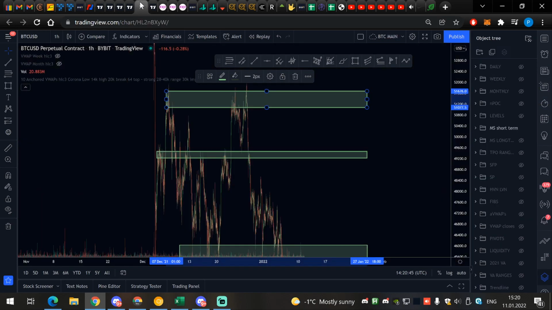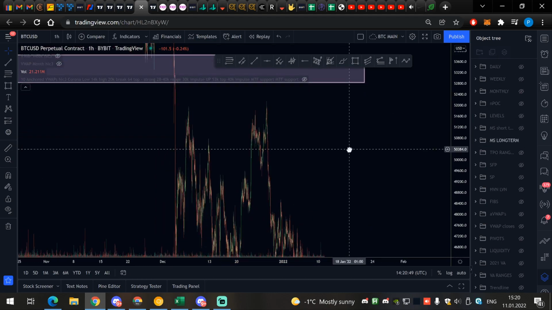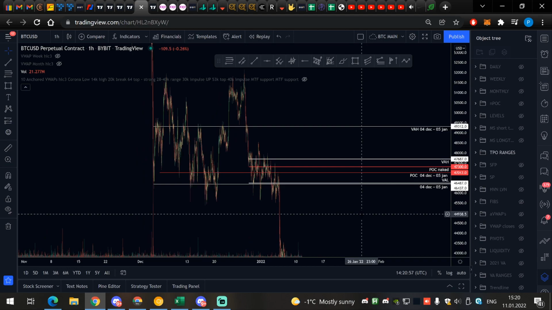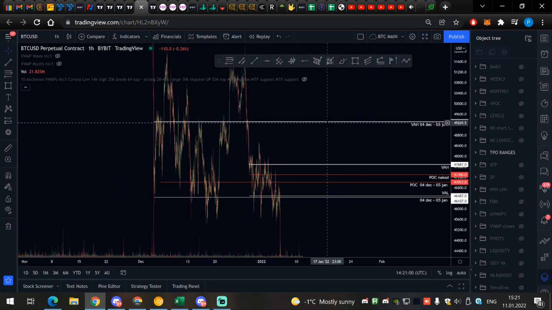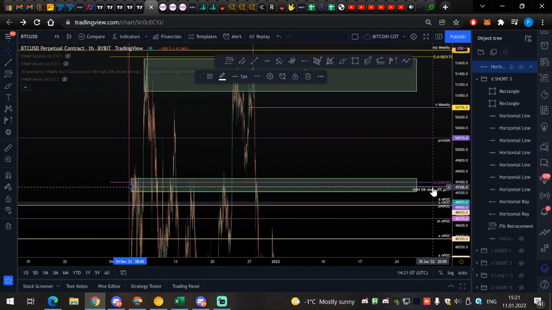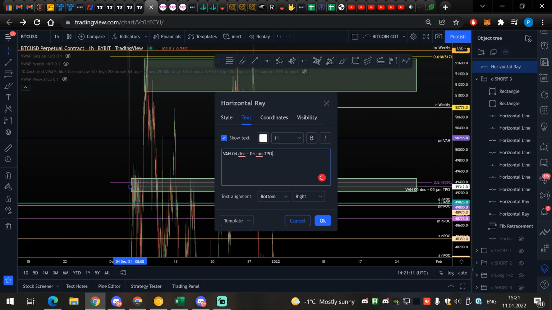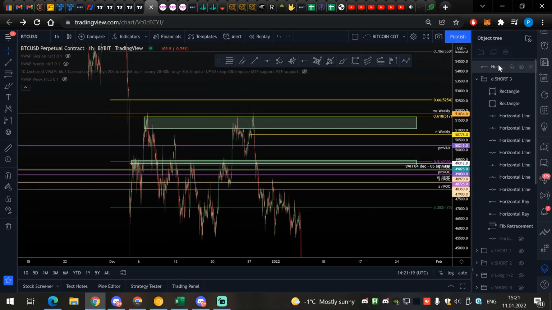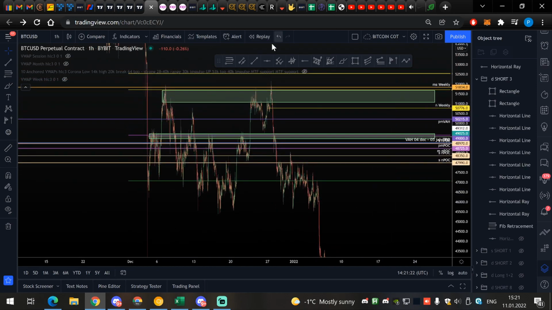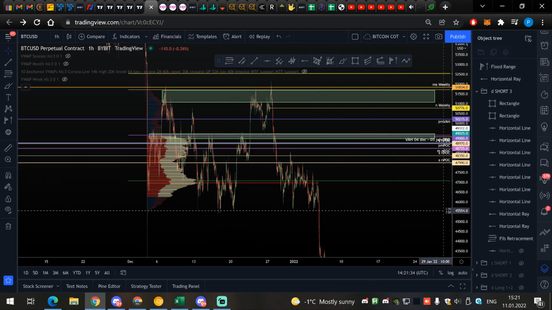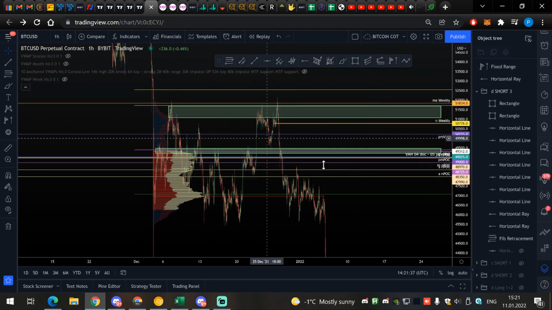Yes, that's it. Long term is above us. TPO. We need to monitor this as well. Very good.